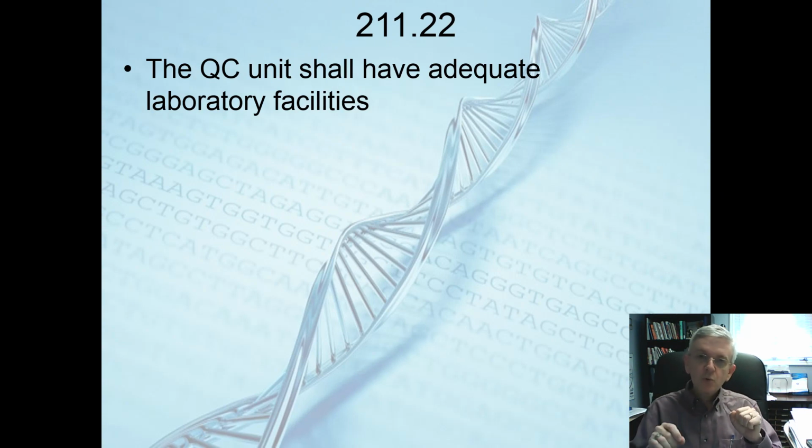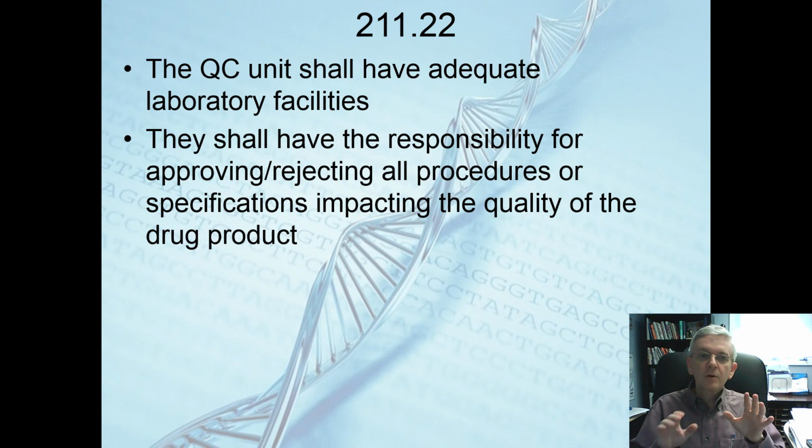So you have to be able to show that your operations, whatever they are, have adequate laboratory facilities to do the task that you're supposed to do. They shall have the responsibility for approving or rejecting all procedures, SOPs, or specifications impacting the quality of the drug product, whatever it happens to be.